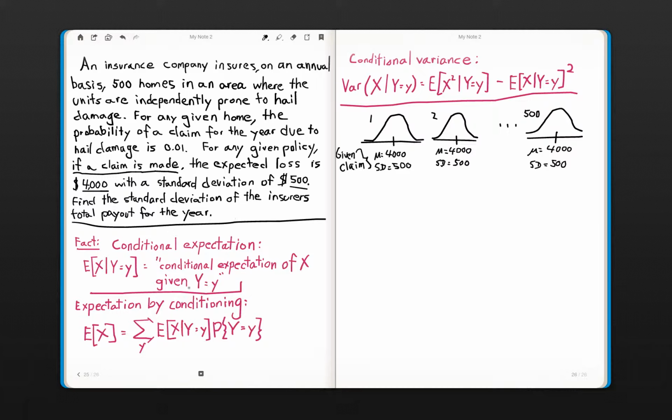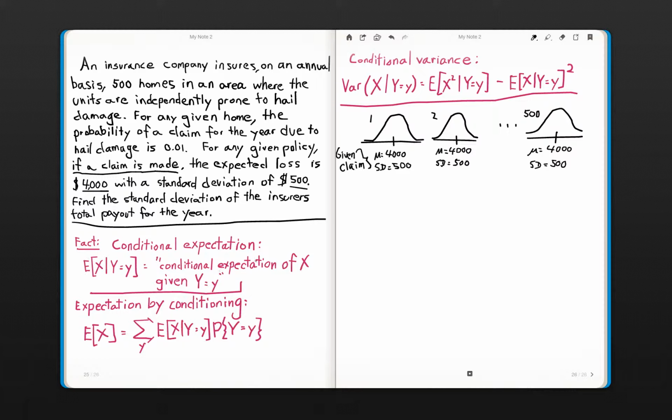So before we do this, we need to have a few statistical concepts under our belt. That includes conditional expectation, expectation by conditioning, and also conditional variance, because we'll need these tools to actually solve this problem. So conditional expectation, we can define the expected value of a random variable given a certain condition, and that's exactly what this is saying.